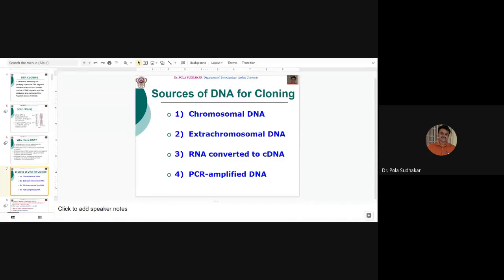The source of DNA may be chromosomal DNA or extrachromosomal DNA, or you can take cDNA, RNA converted to cDNA using reverse transcriptase. PCR-amplified DNA can also be taken as a source for DNA cloning.